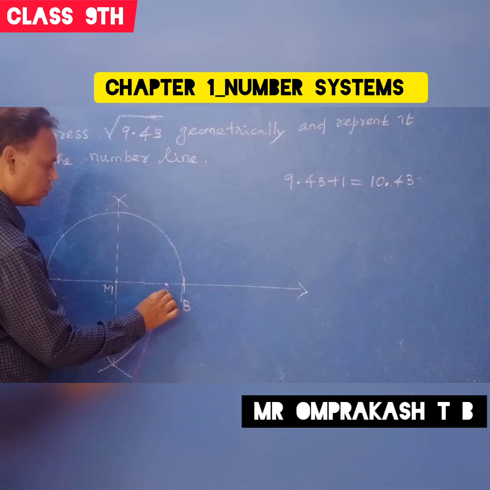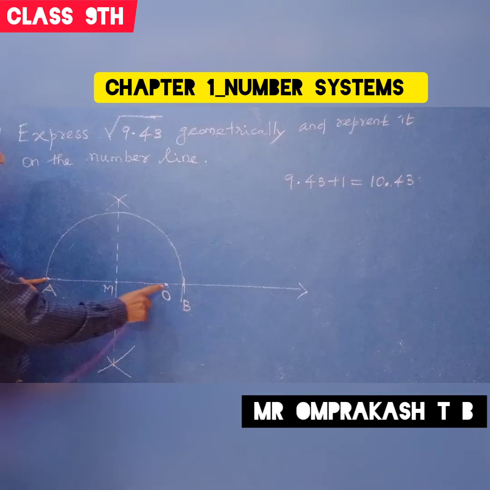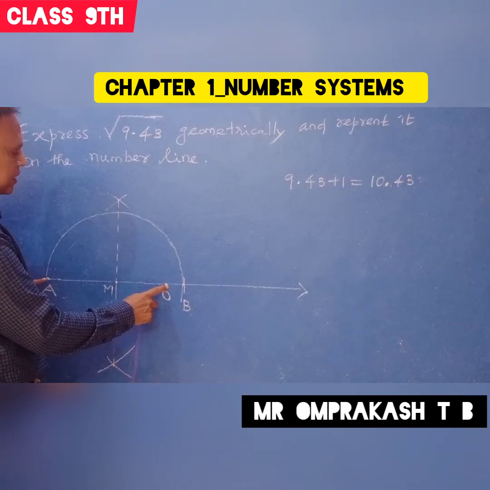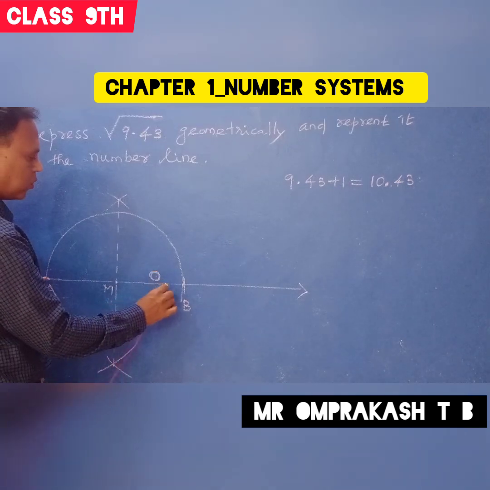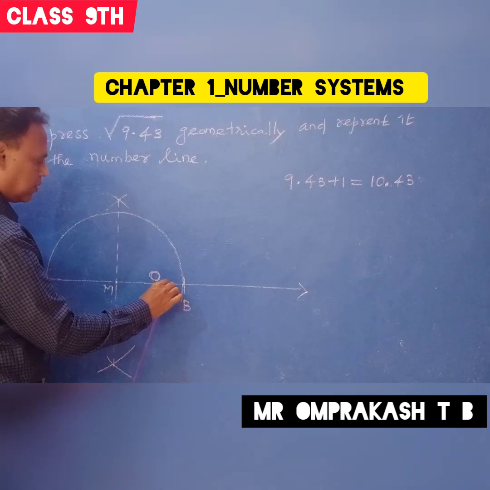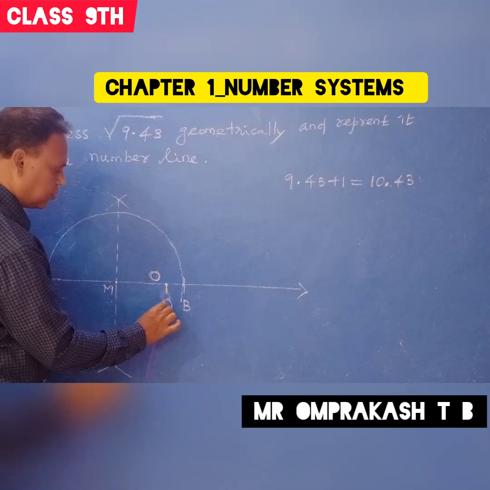Name this point O. That means AO is 9.43. So this point is 0.